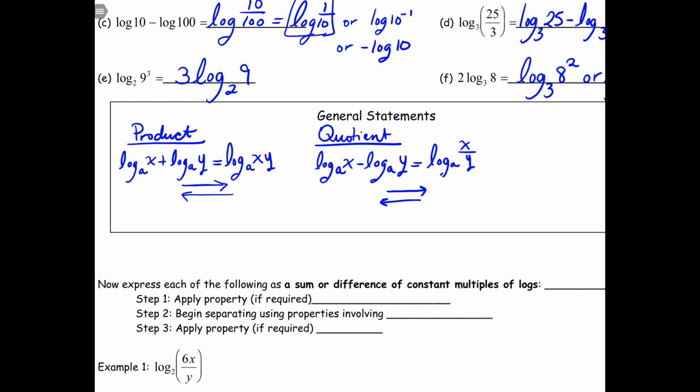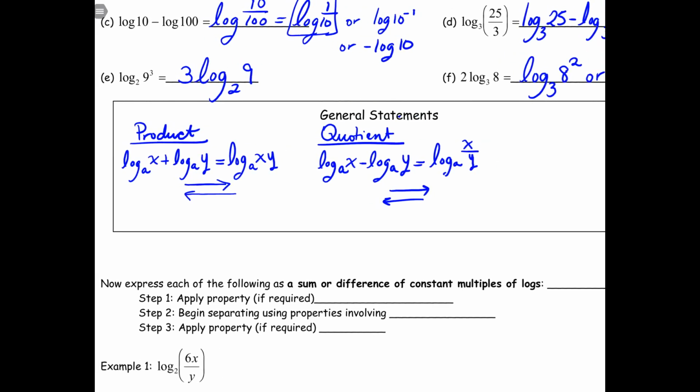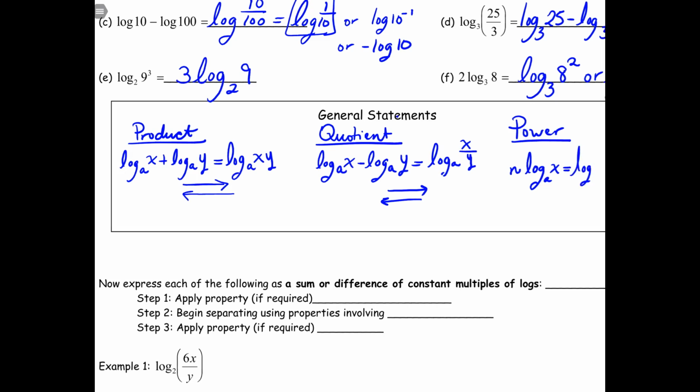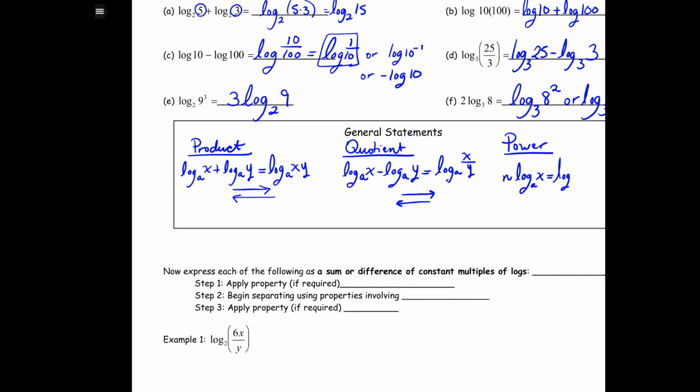And then last but not least, we do have the power property, which states that if you have n times log base A of x, you can bring that into a power by rewriting it as log base A of x to the nth, which shows that n becomes the power. And again, this is a reversible statement.